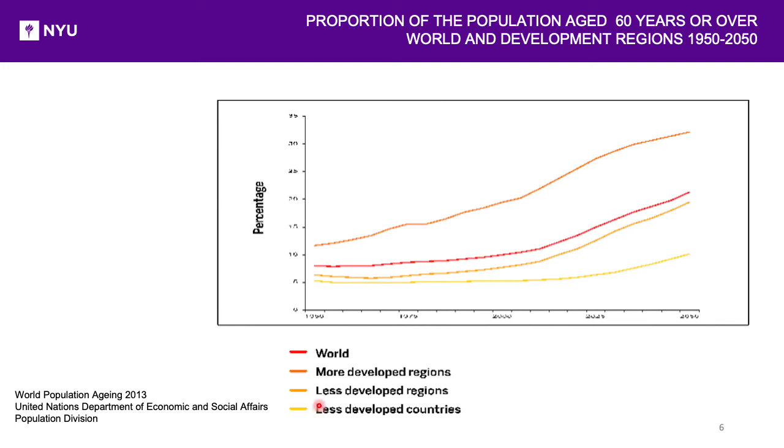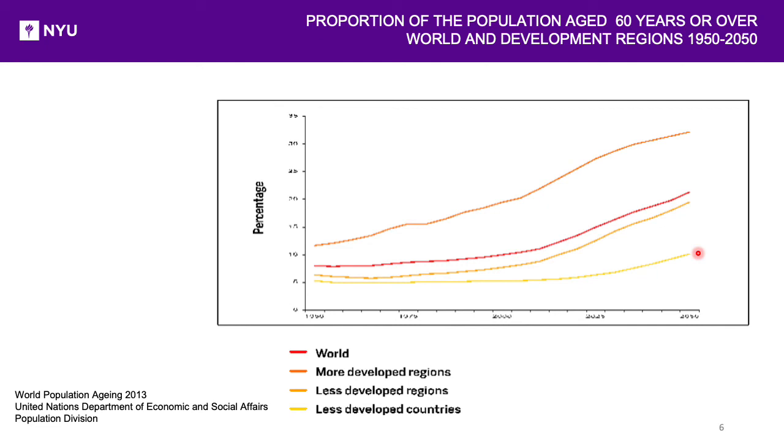And in fact, if we look at this, we see the world is depicted by this red curve. More developed nations are depicted by this orange curve. Less developed regions are depicted by this orange-ish curve, and this yellow curve is less developed countries.